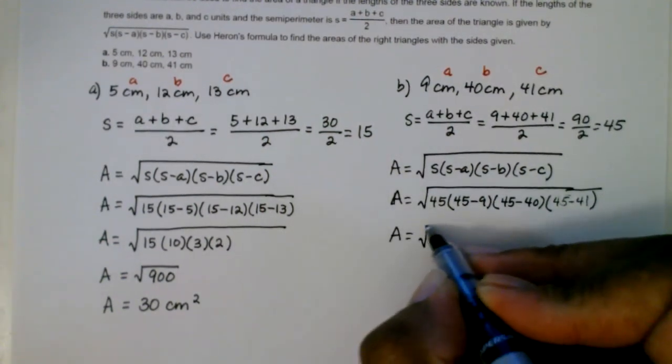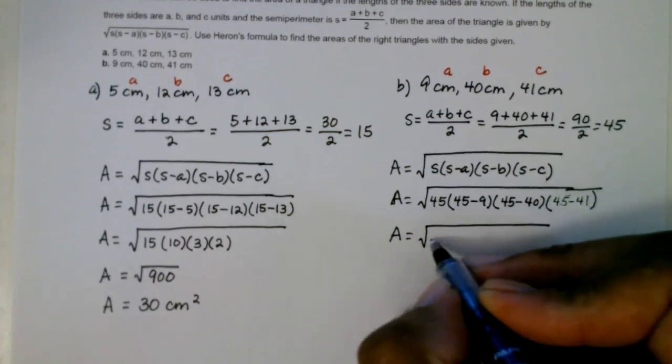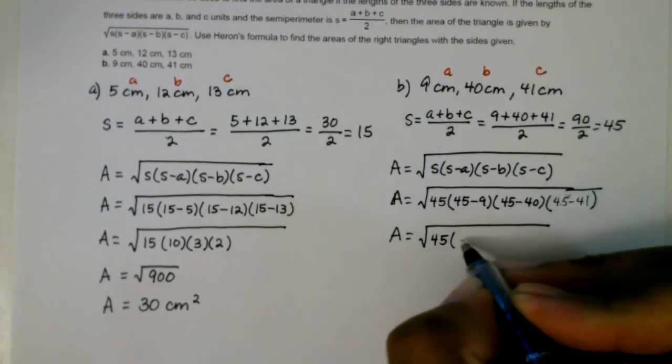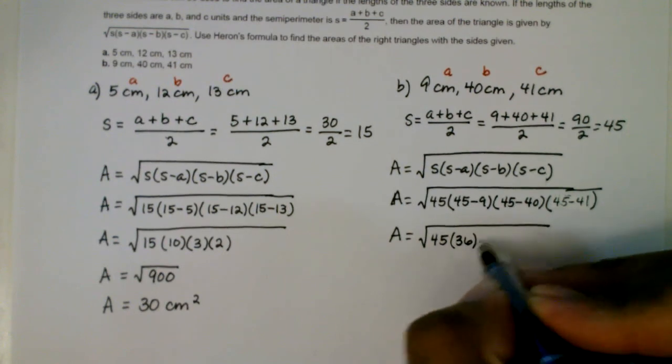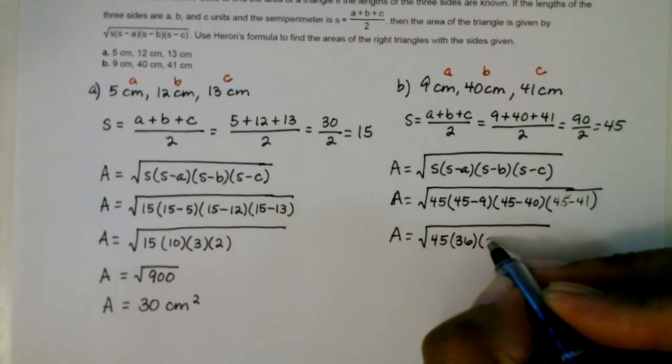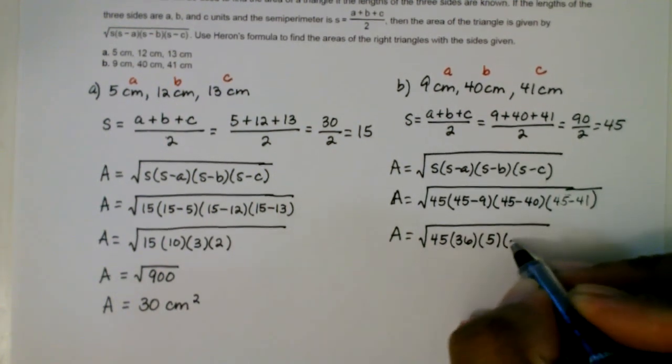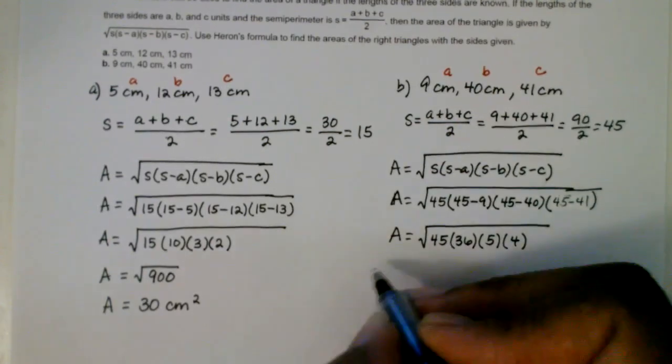So here A is equal to the square root of, bring down the 45, 45 minus 9 will be 36, times 45 minus 40 will be 5, times 45 minus 41 will be 4.